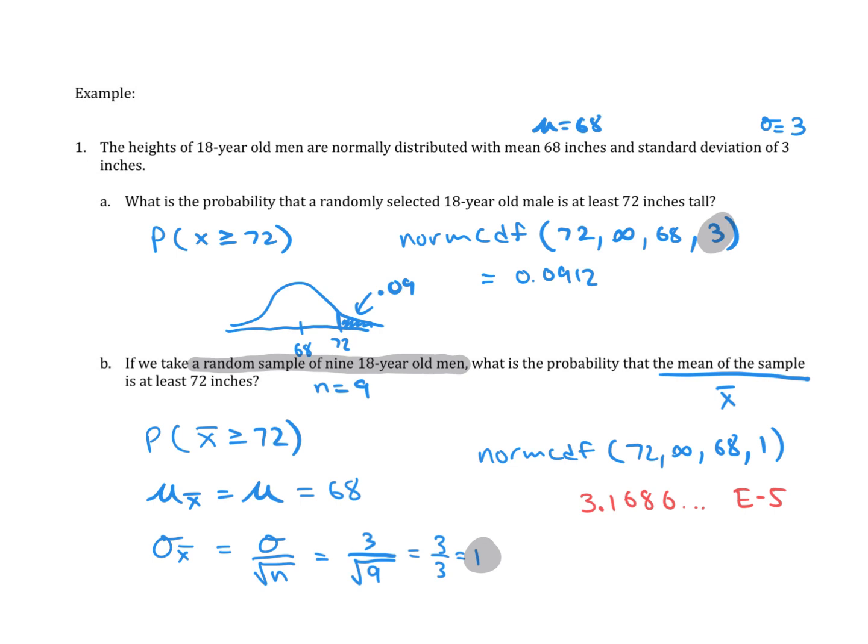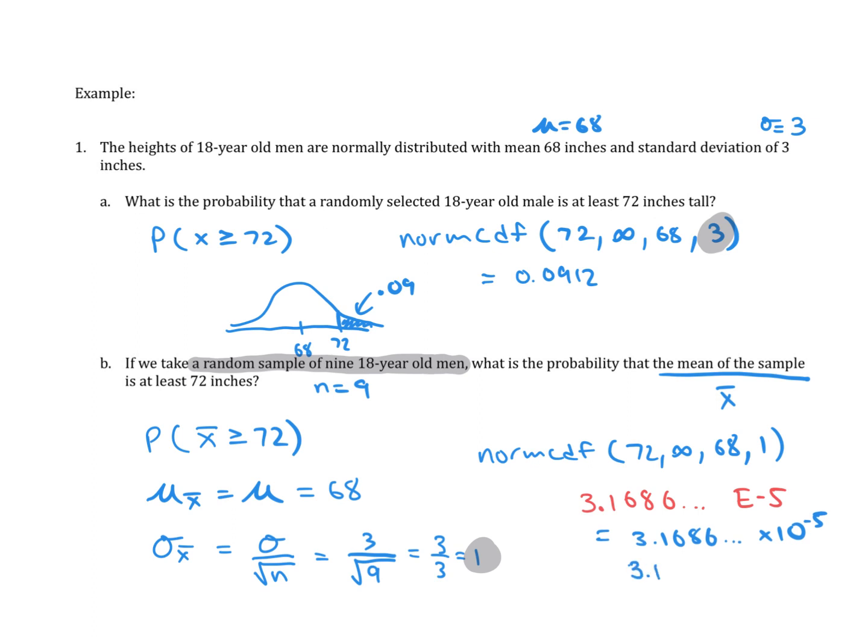My calculator said 3.1686, and then some more numbers, and then E negative 5. That is scientific notation. That means 3.1686 and so on times 10 to the negative fifth, which means we need to move the decimal 5 places to the left to convert that to a normal number.